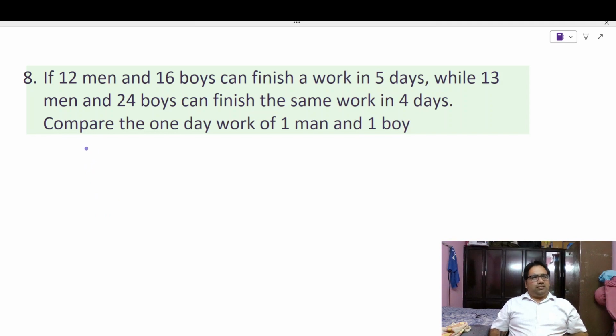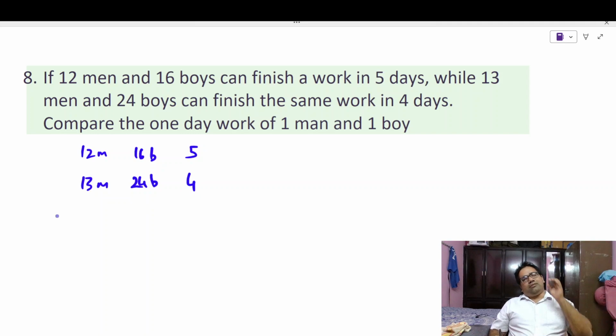Okay, we have to be careful here. 12 men, 16 boys in 5 days. 13 men, 24 boys in 4 days. Let's assume a man will take x days to finish the work and a boy will take y days to finish the work.